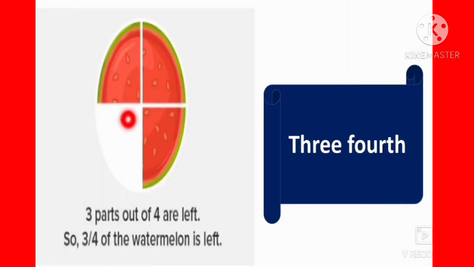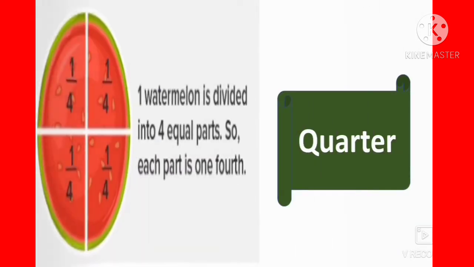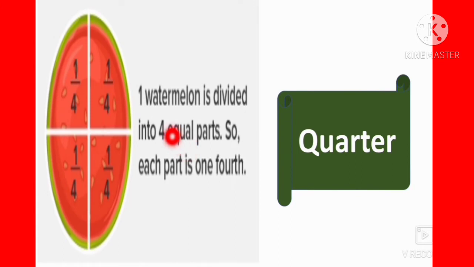3/4. 3 parts out of 4 are left. So 3/4 of the watermelon is left. So here we can read 3/4 as 3/4. What is quarter? One watermelon is divided into 4 equal parts.